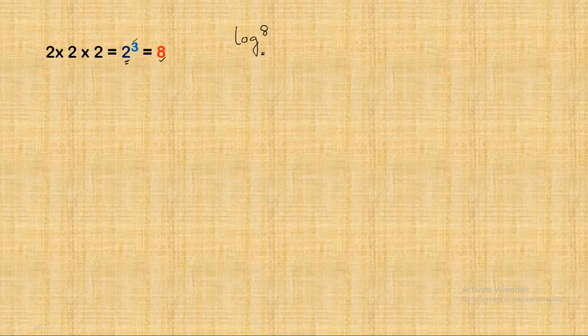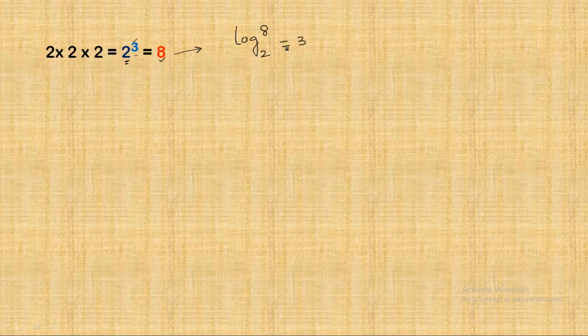The position of base in exponents as well as logarithms is the same, that is, 2 becomes base here also. Then the third quantity is nothing but 3. This is equal to 3. So this is how we convert an exponential form into logarithmic form.